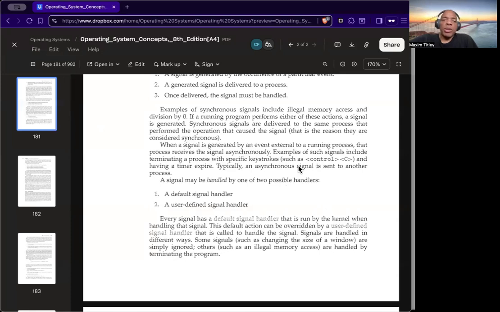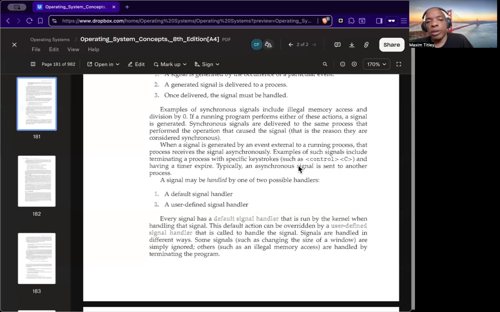All right. So that's basically what happens in the operating system. And you can kind of think of it in similar terms to when you get compile time errors or runtime errors that tell you about your own software that's running. So when signals are generated by events external to a running process, then in that case, the process receives the signal asynchronously. An example of an asynchronous signal could include terminating a process with specific keystrokes, right?